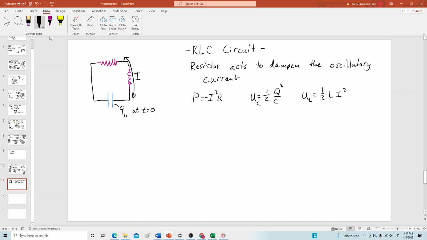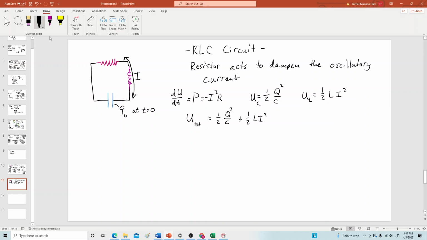So the energy being supplied by the capacitor and inductor is going to be equal to 1/2 Q squared over C plus 1/2 Li squared. But remember that power is the time derivative of energy.